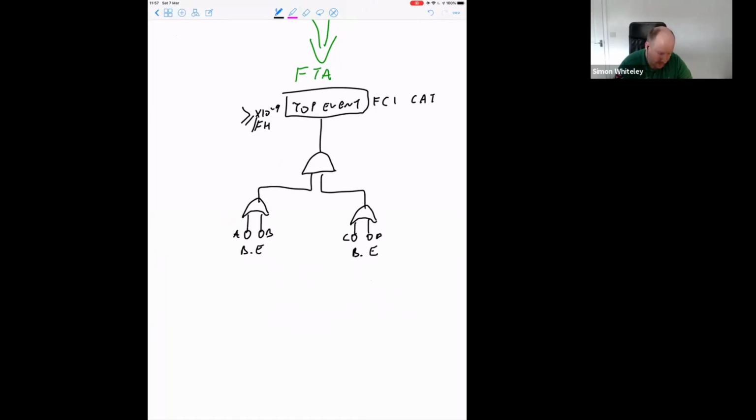And if the top level probability needs to be less than 10 to the minus 9, then the probabilities of these base events need to be quite stringent, if that makes sense. Okay. Does that make sense where we are at the moment?